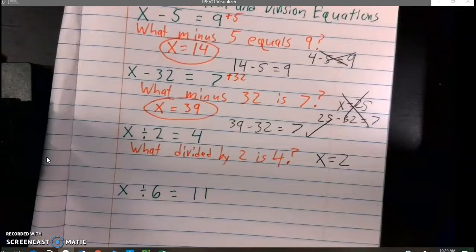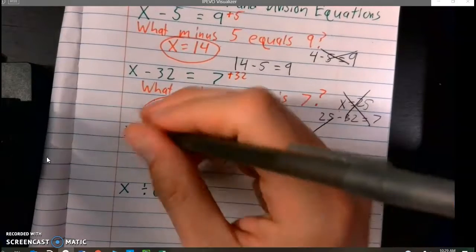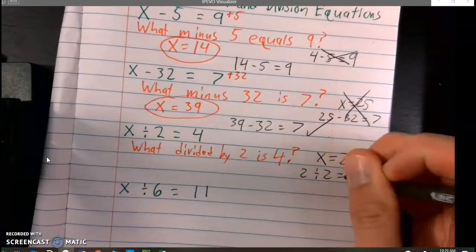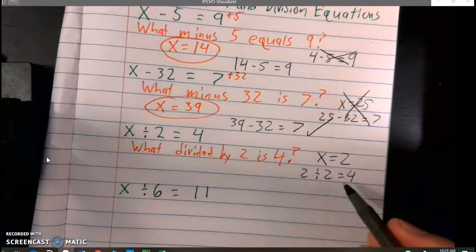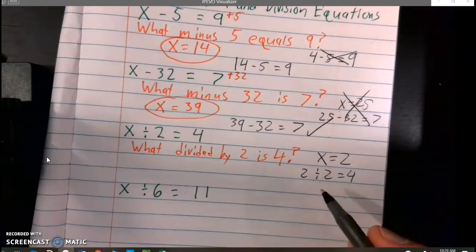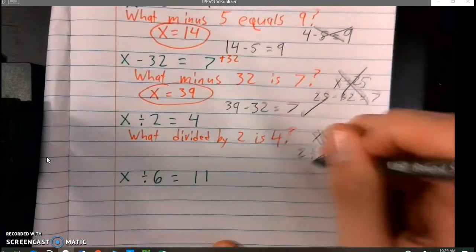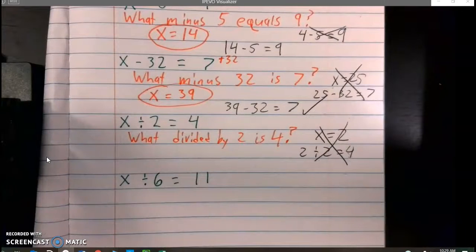But that's not what the question is asking. If I substituted this value back in, I would get 2 divided by 2 equals 4. No, 2 divided by 2 is 1, so I know this value is a mistake.